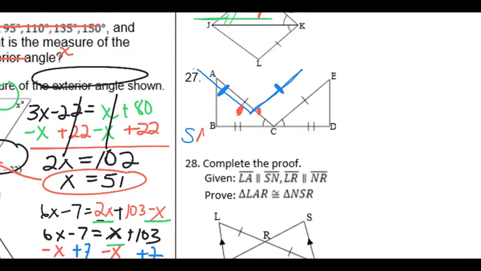That's an angle. And next, we have the side BC, which is marked with 2. And that's congruent to CD or DC here. So that's a side. So these triangles are congruent by side, angle, side.